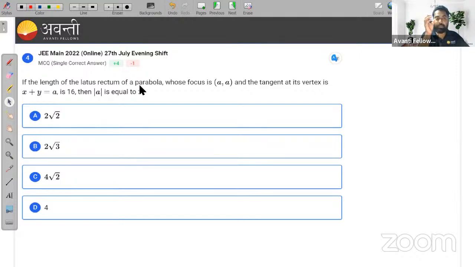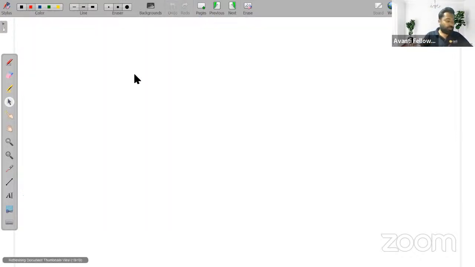Here the length of the latus rectum is given as 16, then you need to find mod of a. So let's see the solution of this question.